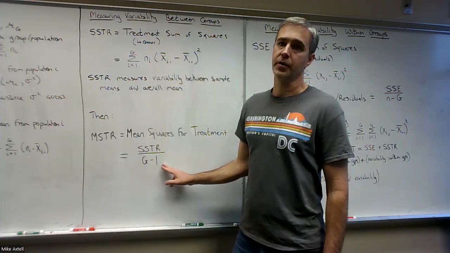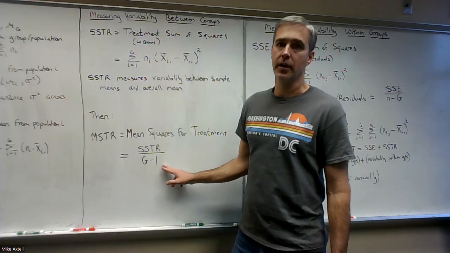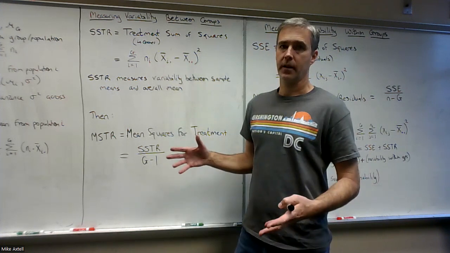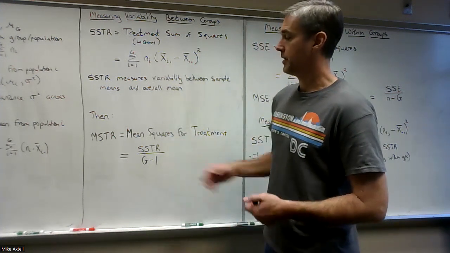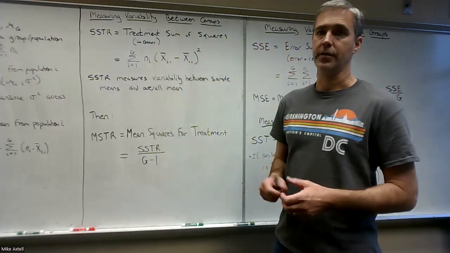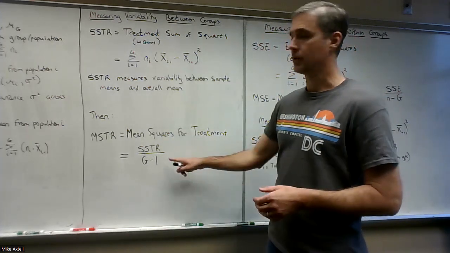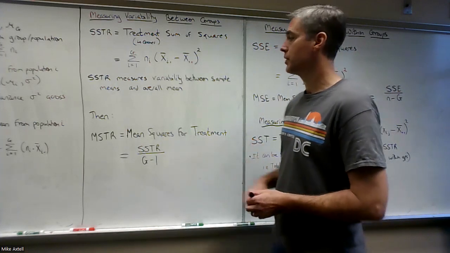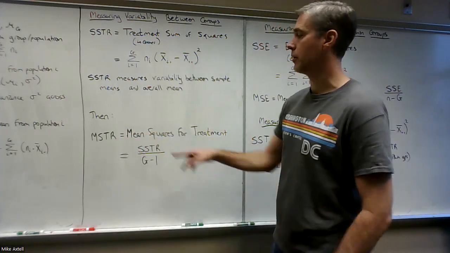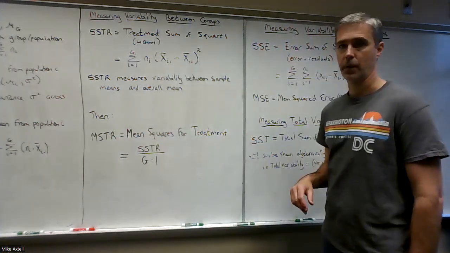We're just scaling it down by the number of groups to provide some uniformity, and we'll also see it has a probability purpose later on. This is called MSTR, or the mean squares for the treatment.